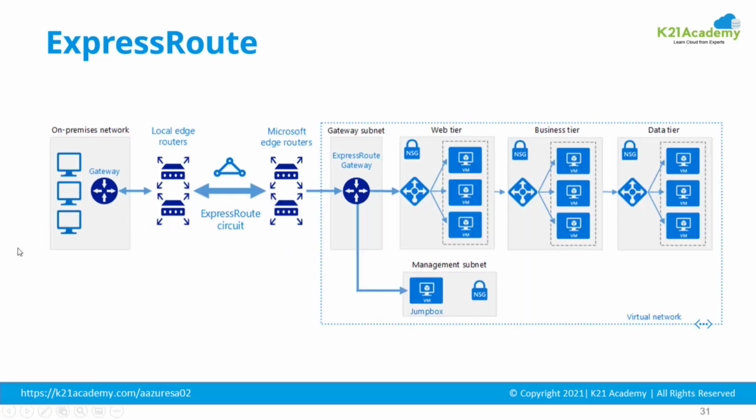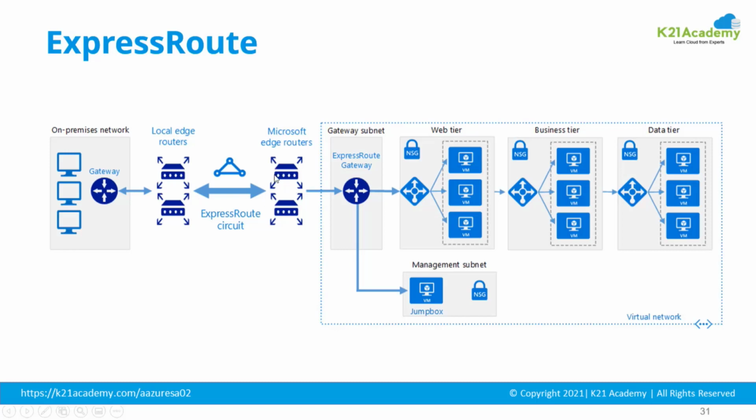On the left-hand side, there's something called a gateway, which we'll talk about. This gateway, which is at the customer premises, is represented in Azure as a local network gateway, which we'll talk about later. This is a gateway on the customer side, and the customer will have some devices that they need to put in their data center, which will talk to one end of the ExpressRoute circuit.